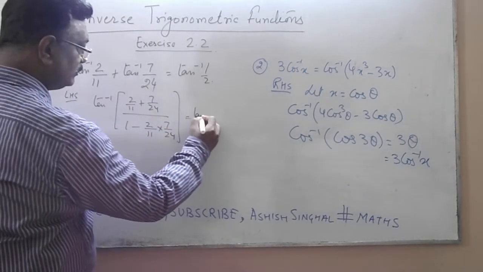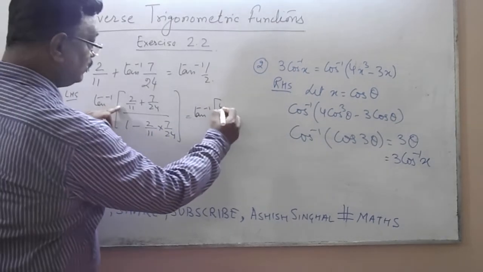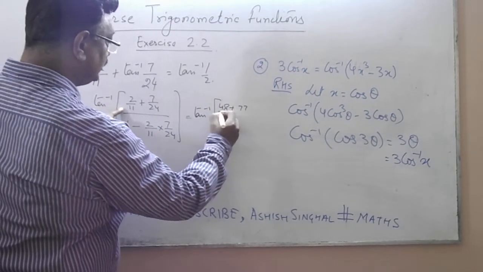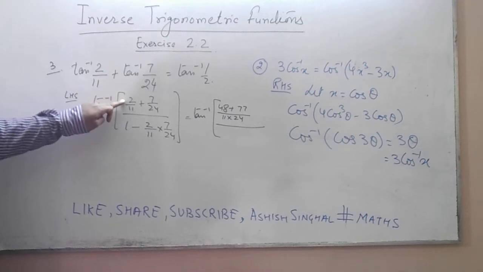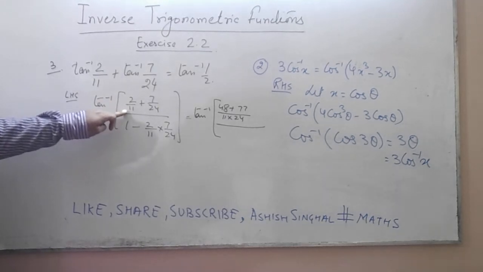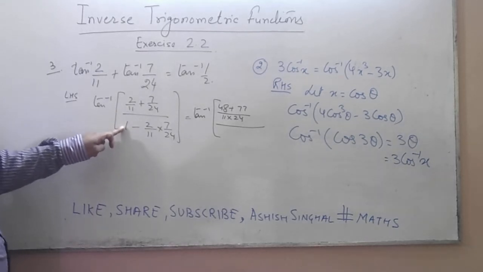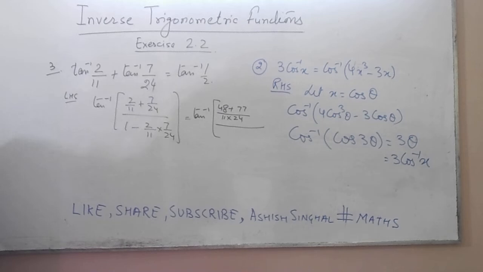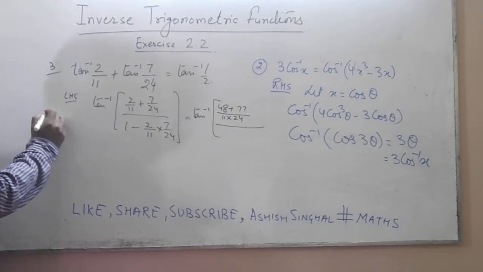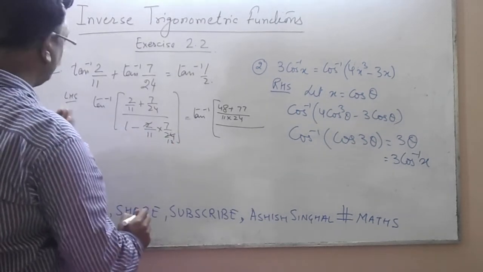Simplifying it further, taking the LCM, 11 into 24, so this gives us (48 plus 77) upon 11 into 24, divided by, again the LCM is 11 into 24, so this gives us (48 plus 77) upon... 11 into 24 is 264, and we can cancel this with 12 and we get 132.